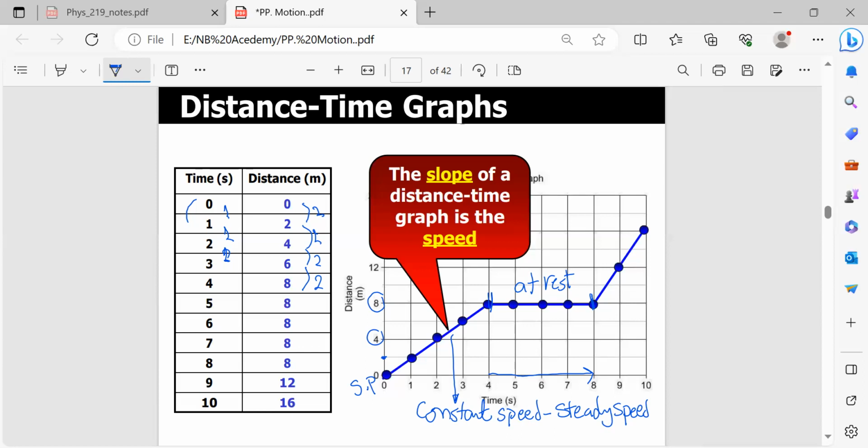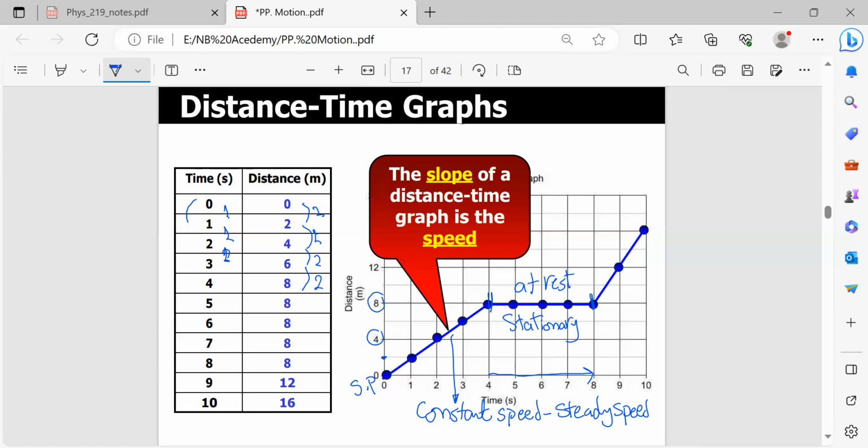Okay, so in this graph, from time 0 to time 4, the body was moving with constant speed. From time 4 seconds to time 8 seconds, the body was at rest, or we can say stationary. And from time 8 seconds to time 10 seconds, the graph is a straight line.